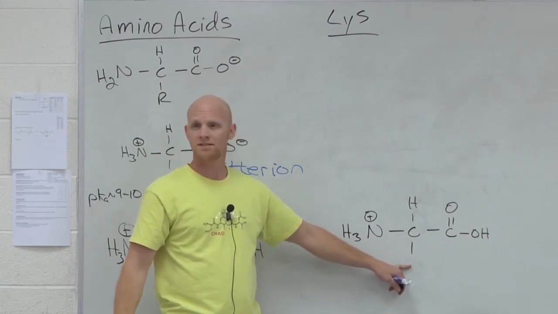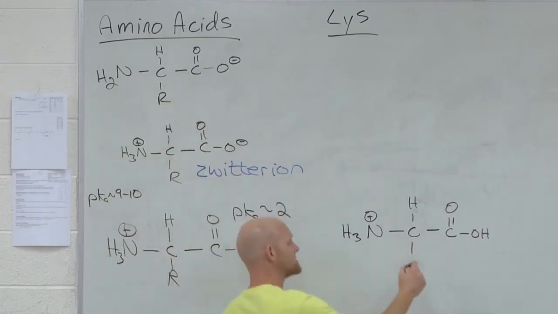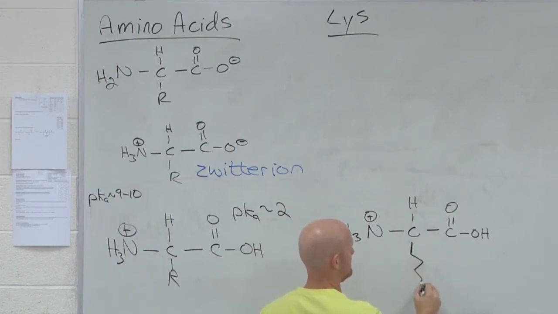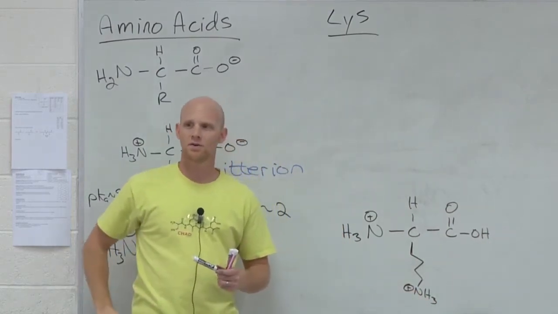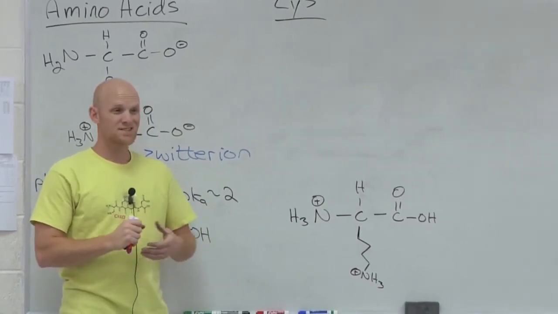It's an amine. And I don't care if you know what the amine looks like. You could just write something generic here, but technically it's a 4-carbon chain, 1, 2, 3, 4, and then the amine. And I'm going to again draw all groups in their acidic forms. Cool, so there's lysine.